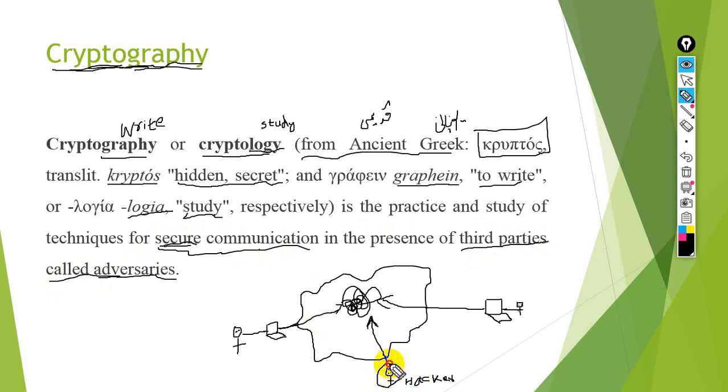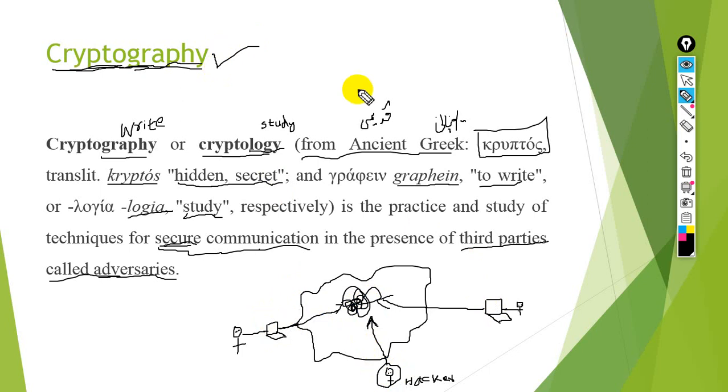So in the presence of this third party, we want to make our communication secret, so that the communication of this computer or this person must be hidden from the adversary. So we can say that this is cryptography. If you have any questions, you can ask.